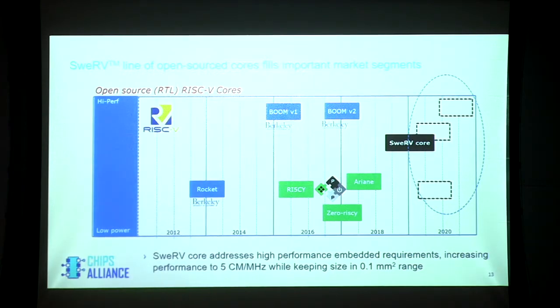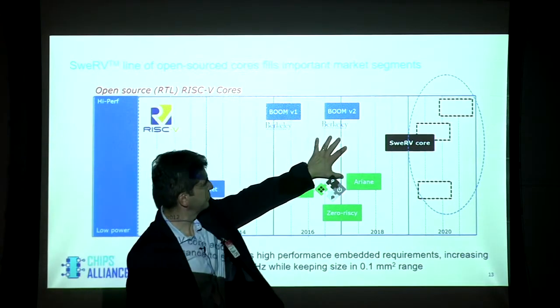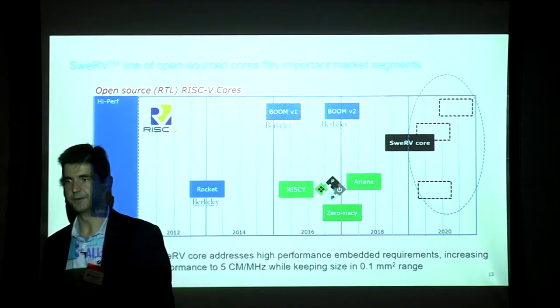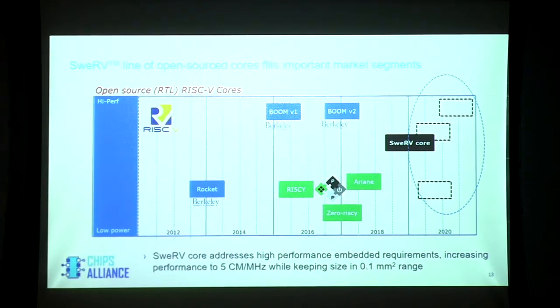And one thing that you may notice, and I didn't have enough space on the PowerPoint, is a big vacuum here in between. There's a level of performance that you get from an in-order 5-stage classical pipeline, and then something that you can do with super-scalar out-of-order machines.